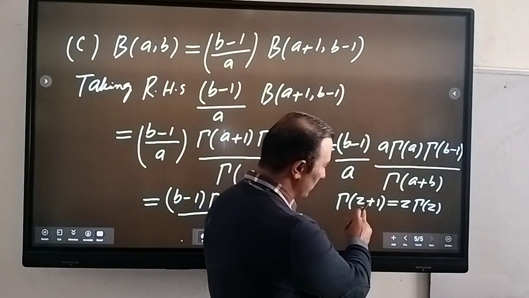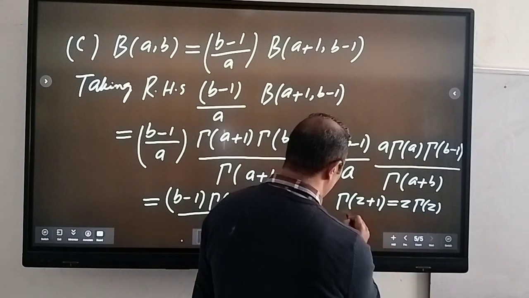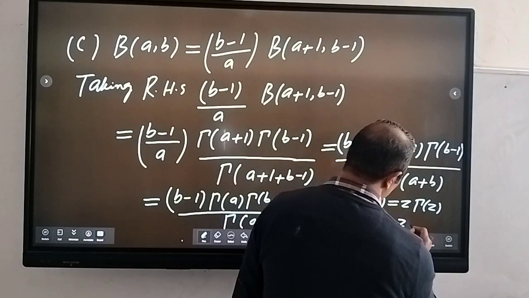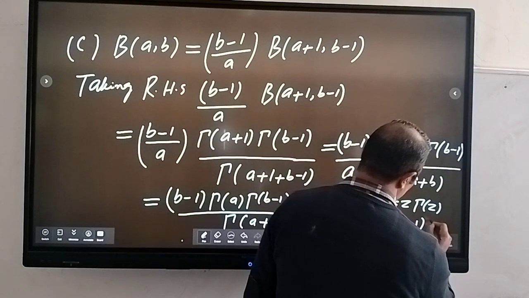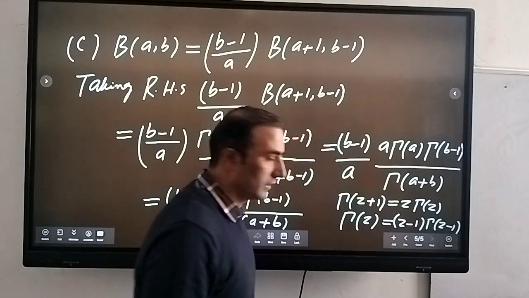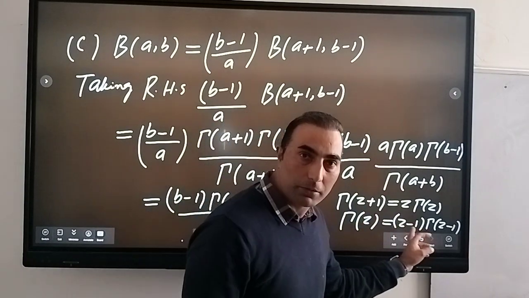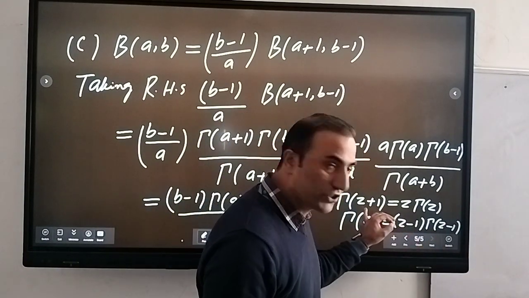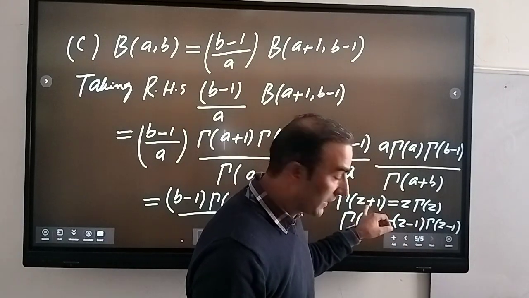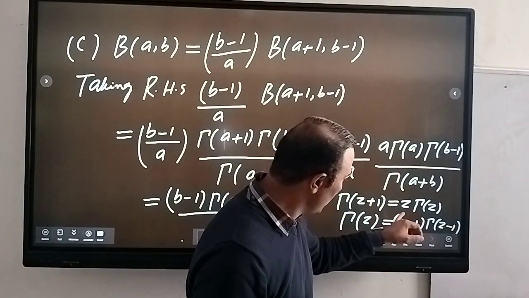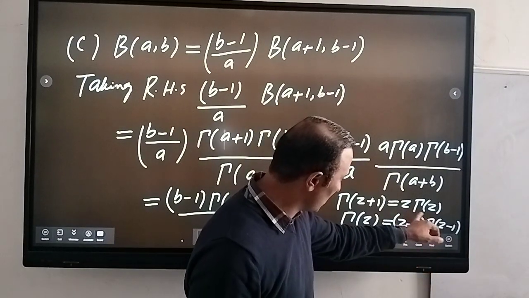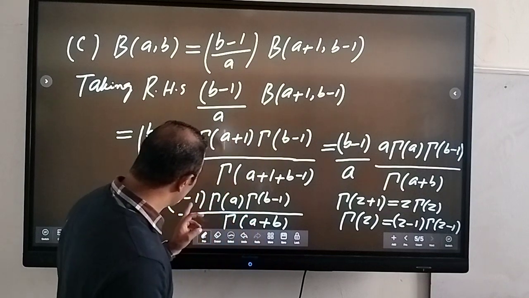So if I write here Z minus 1 instead of Z, this will be gamma Z. Is it okay? Because gamma of Z plus 1 is Z gamma Z, so I will shift that Z to Z minus 1. So here it will be Z minus 1 plus 1, so it will be gamma of Z. So shifting Z to Z minus 1, it will be (Z minus 1) gamma of Z minus 1. So this is our relation.